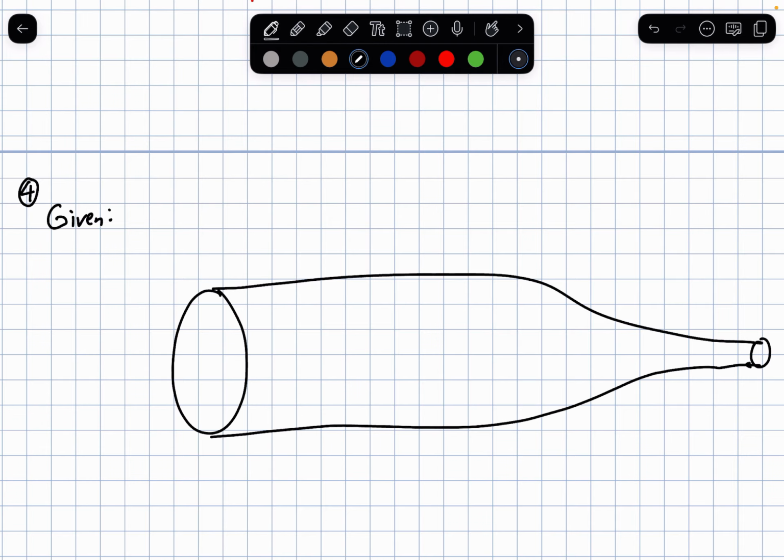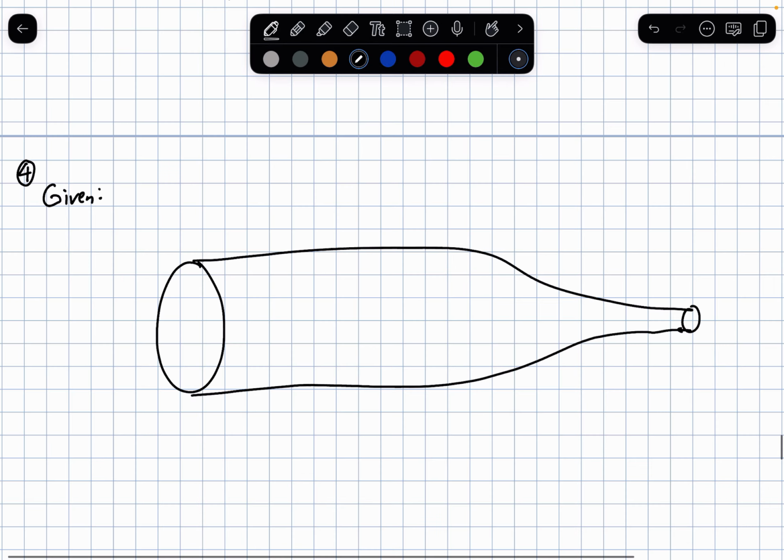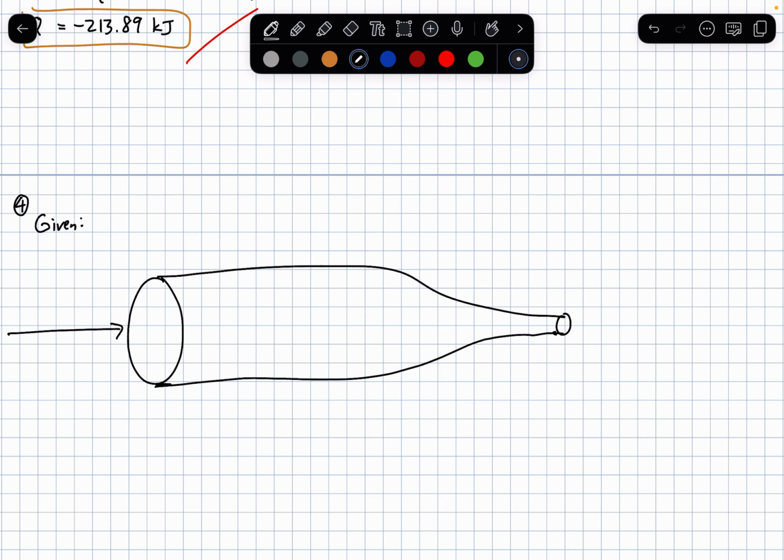This is just a crude drawing. Don't use this as a primary reference. So this is inlet, this is exit.